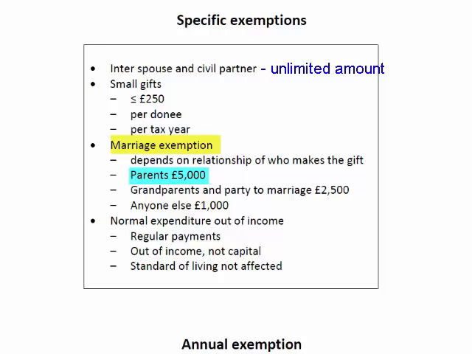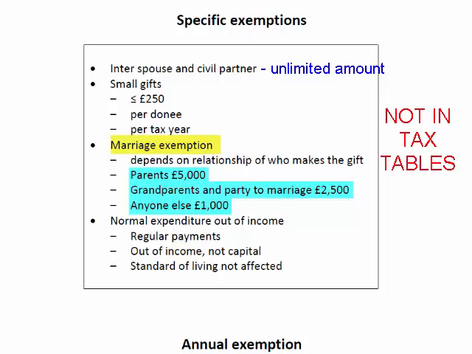Grandparents and the bride and groom themselves can give £2,500, and anyone else £1,000. Unfortunately, neither the small gifts nor the marriage exemption amounts are given in the tax tables, so you do need to learn those.